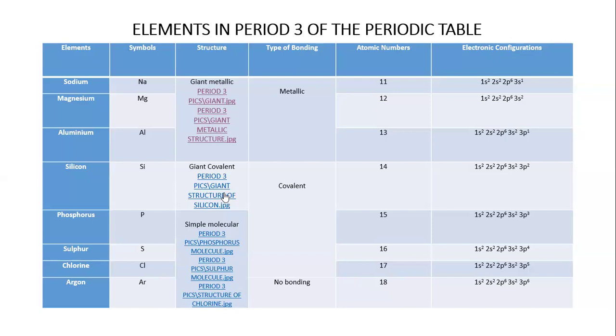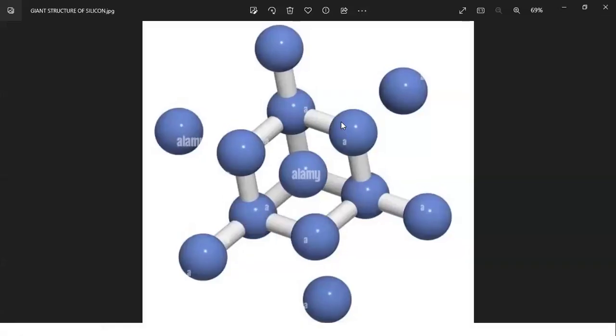All right, so let us see the giant covalent structure of silicon in 3 dimensions. The silicon atoms arrange themselves in such a way that each atom of silicon is covalently bonded to 4 others in a tetrahedral arrangement, as you are going to see in this picture.